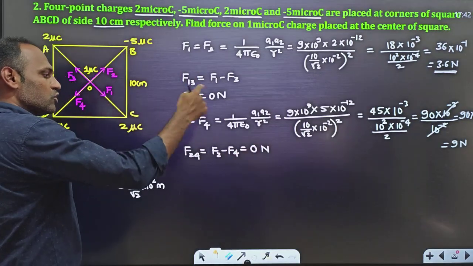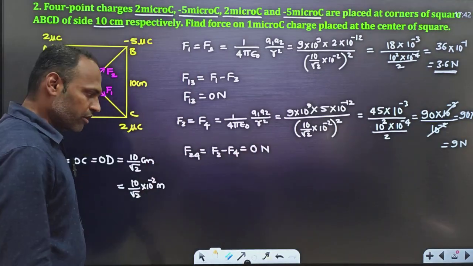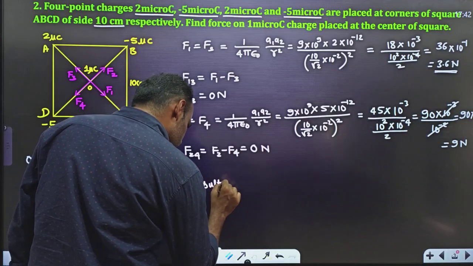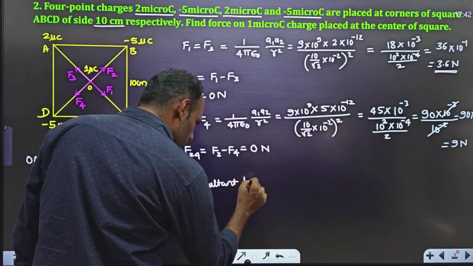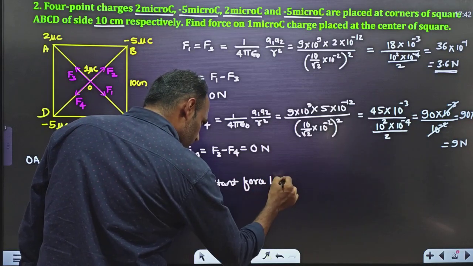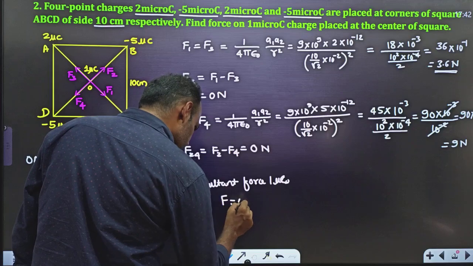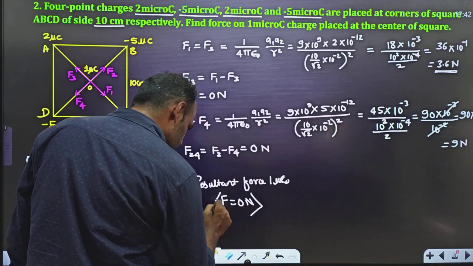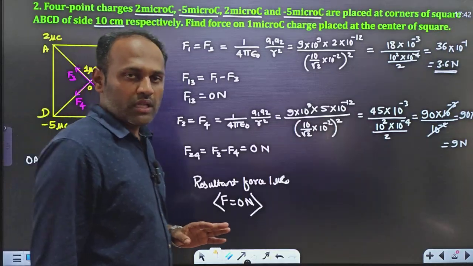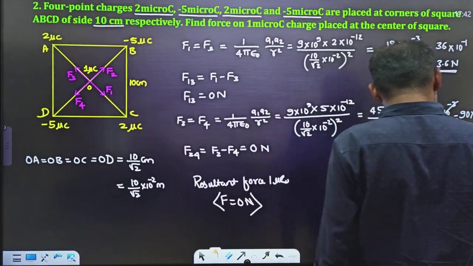Since F13 is also 0 Newton and F24 is also 0 Newton, the resultant force acting on 1 microcoulomb is 0 Newton, right? This is how we have to calculate it. Okay, that's all about the force on the charge kept at the center of the square.